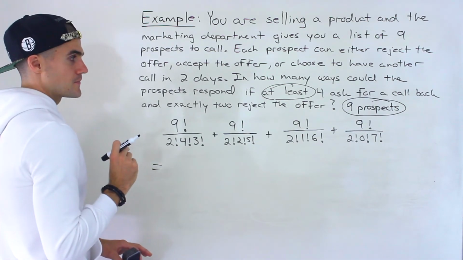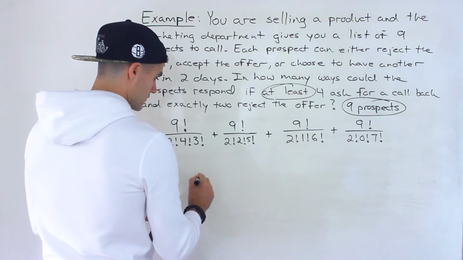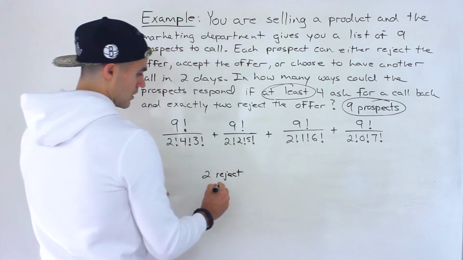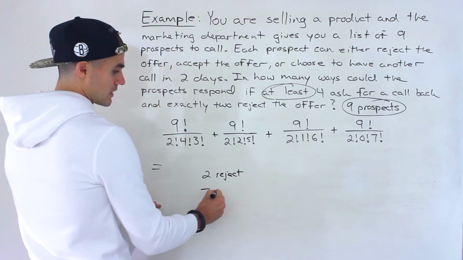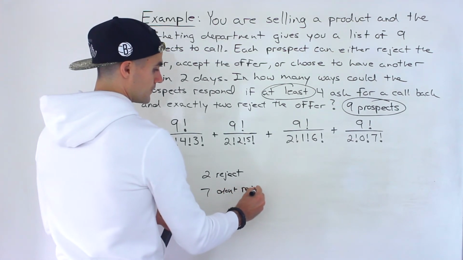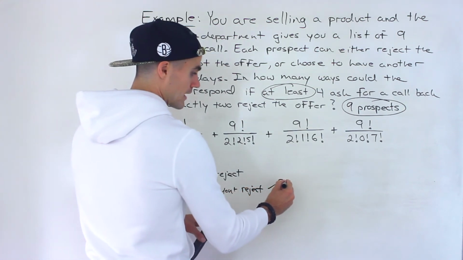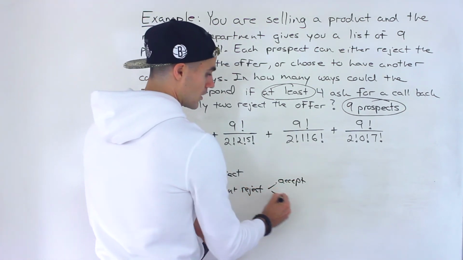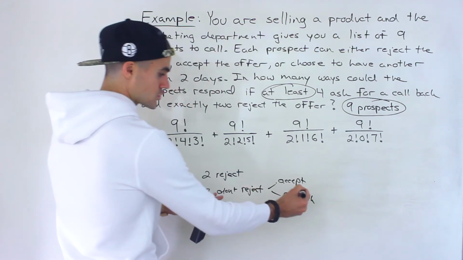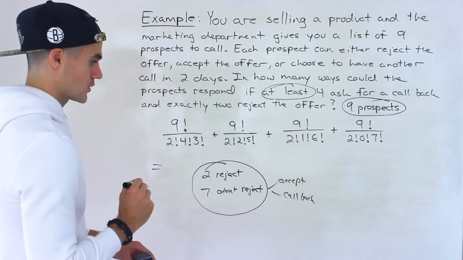So notice that if exactly 2 reject the offer, so if 2 reject, well, that means that 7 don't reject. And then this don't reject, that could be either they accept or there's a callback, as we know. But before getting into that portion, we just look at this portion first.